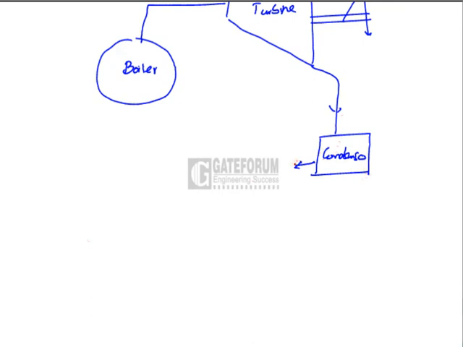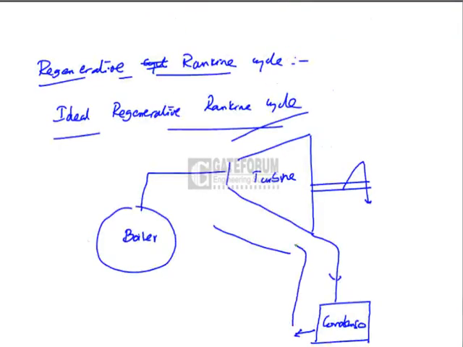This condensate liquid leaving the condenser is passing through the casing of the turbine, where it is heated.